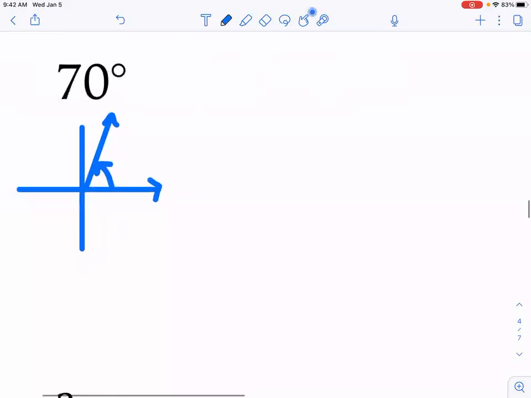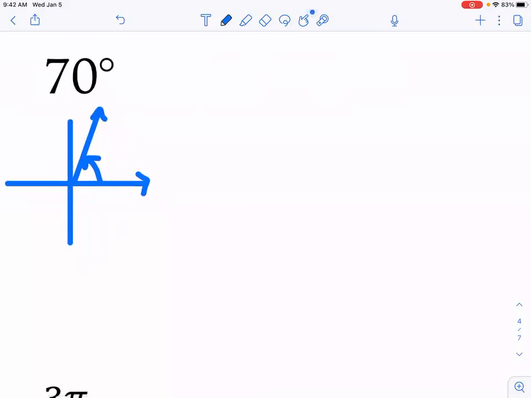Now, one coterminal angle would be if we took 70 degrees and we kept rotating in the positive direction. An entire rotation is how much? 360.